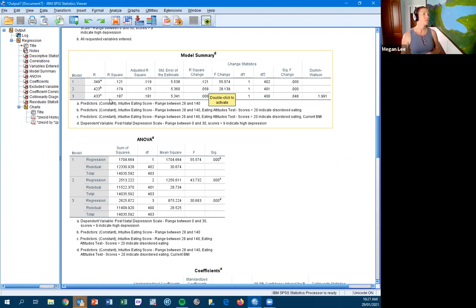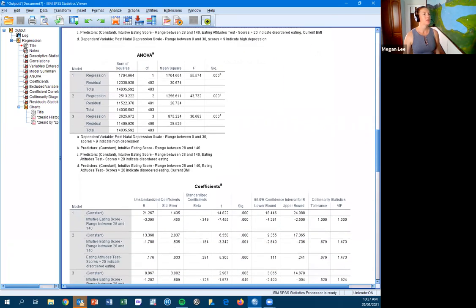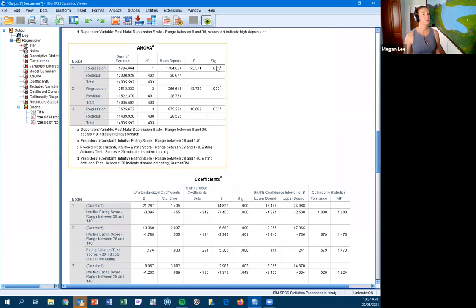And then adding BMI, it's 0.187, so it adds another 0.8% to depression. Now the box below it, ANOVA, tells us whether or not our models are significant. So all three models are significant. That means that from here we would just look at the last model, which includes intuitive eating, disordered eating, and BMI.